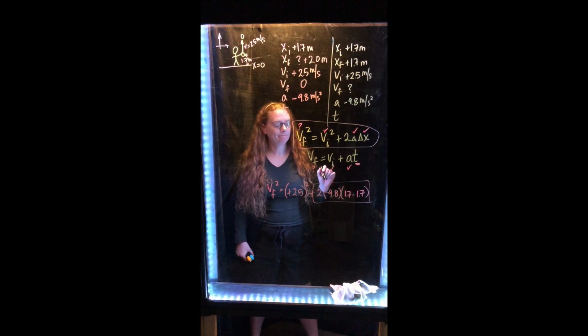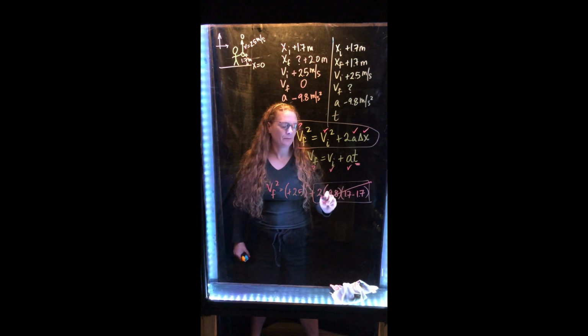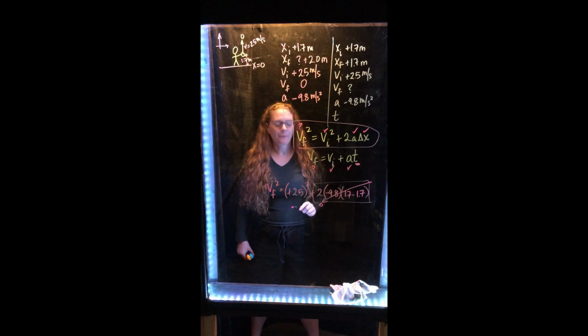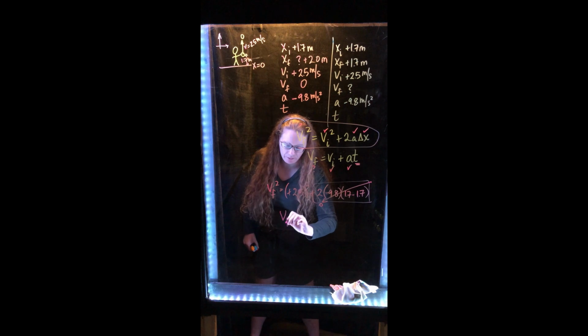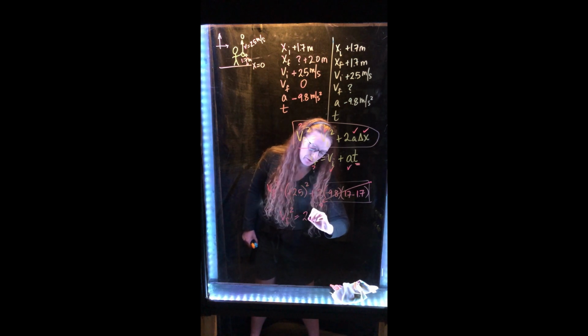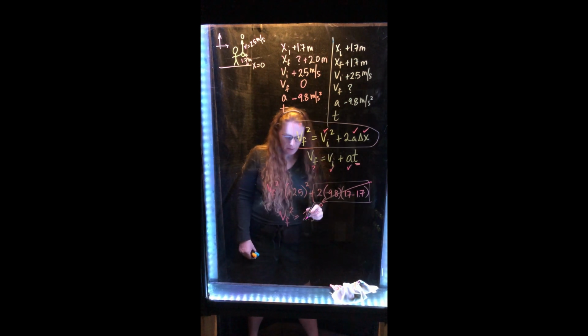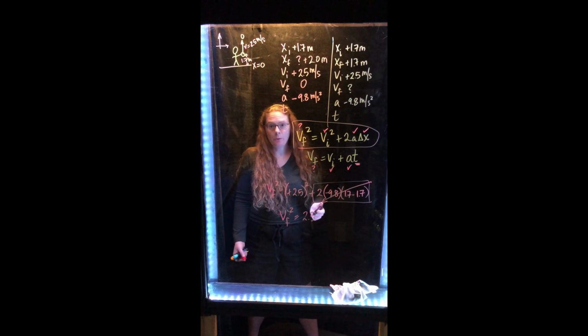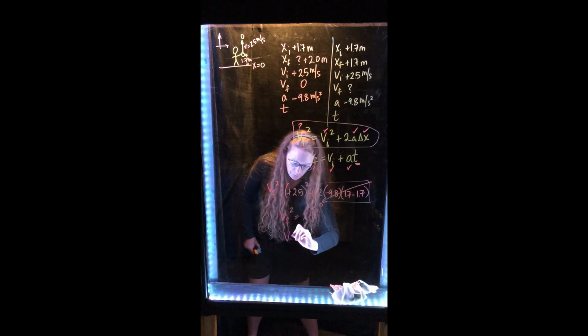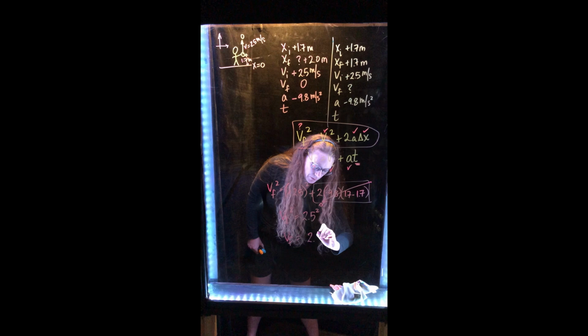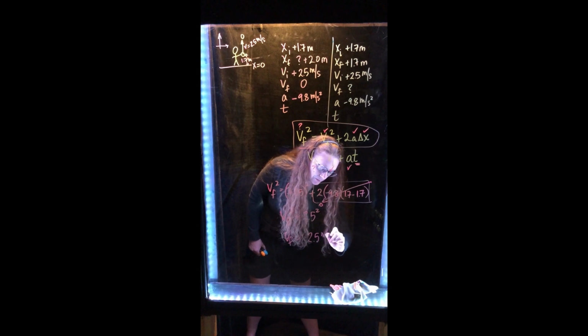What do you notice? 1.7 minus 1.7? This whole thing goes down to 0. There is no piece here. So what we end up with is V final squared equals 2.5 squared. And so you square root both sides, right? Square root both sides, you get V final equals 2.5 meters per second.